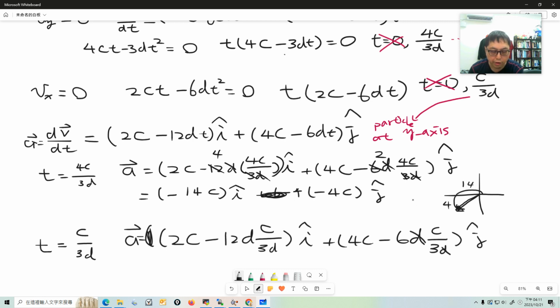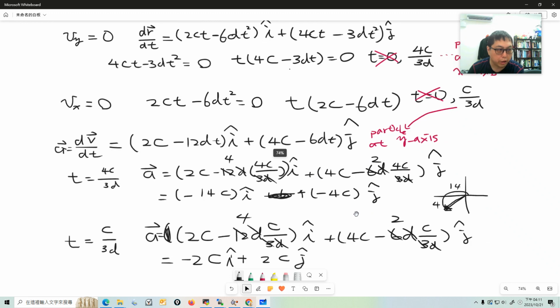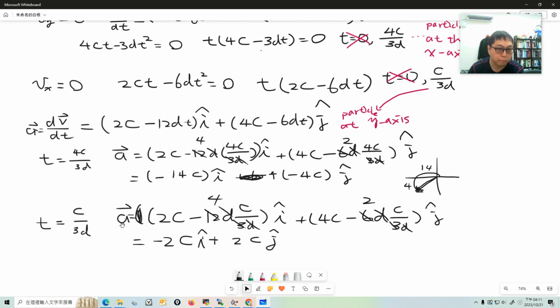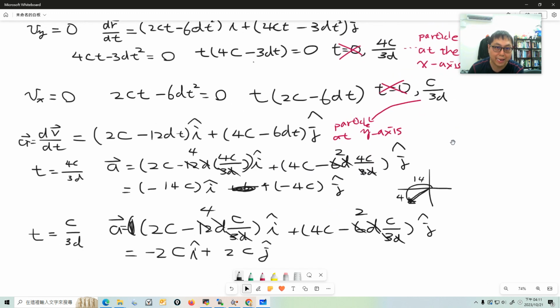So it cancels out, this becomes 2, this cancels out, it becomes 4, so it becomes minus 2c i plus 2c j. So the calculation result means that at this time it's at the y-axis.